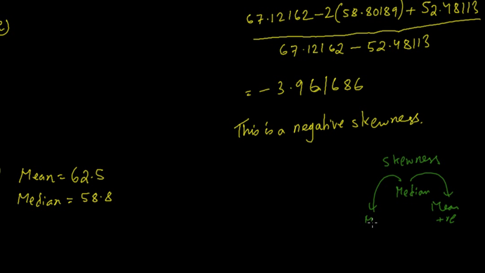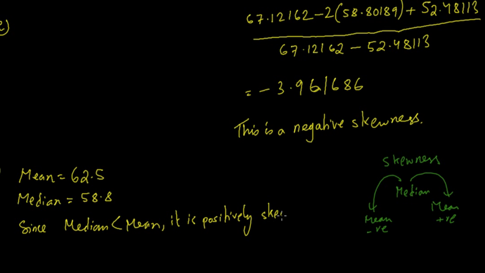If the mean is less than the median, we call it negatively skewed. Since here the median is less than the mean, meaning the mean is greater, we can say it is positively skewed. But there must be something wrong in the calculation, because in the previous sum we got a negative value and here we find a positive value, so there must be some mistake in the calculation.